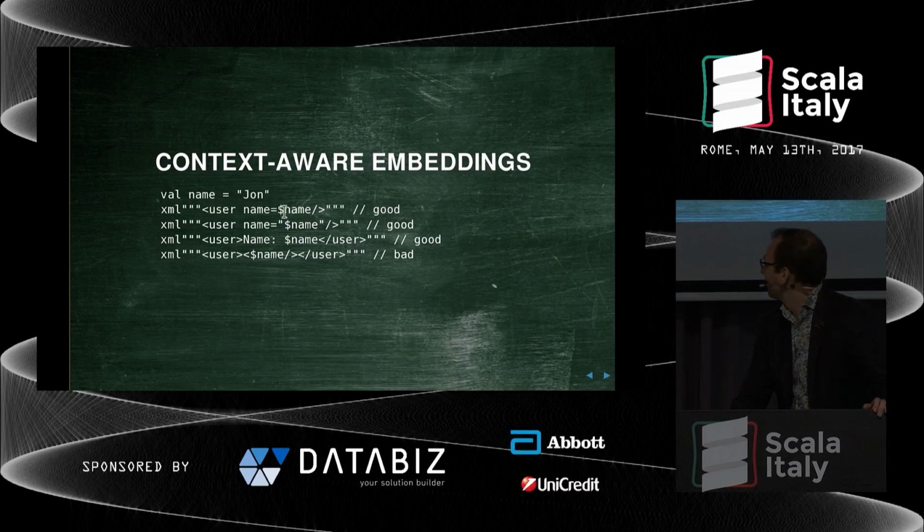But if you think about it, in this version here, we have to wrap this in quotes in order to substitute it in that position. But if we were to wrap this one in quotes, we end up with invalid XML, because we have empty quotes, then whatever the content of name is, and then some more empty quotes.